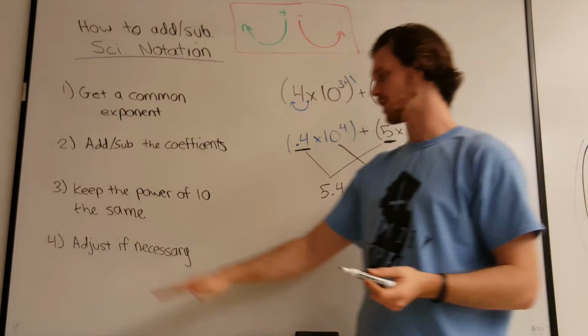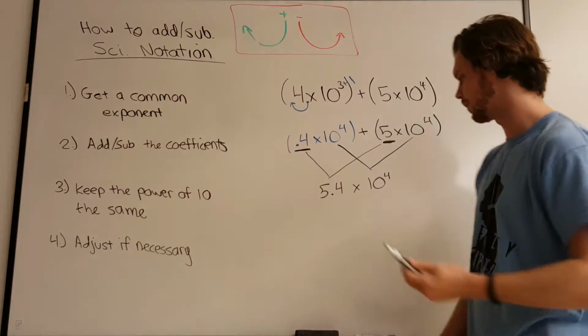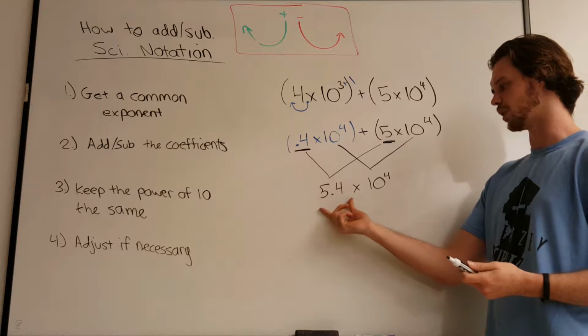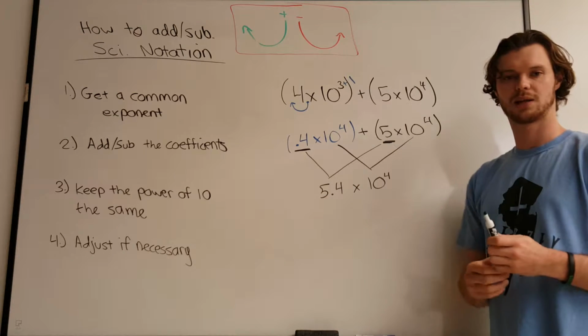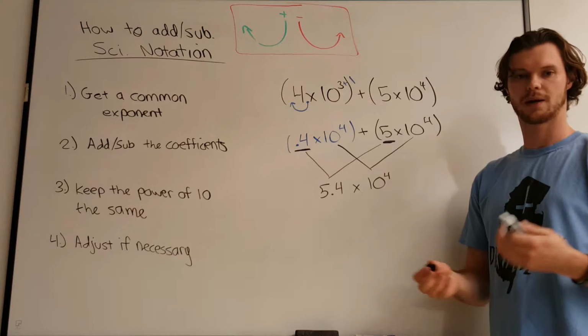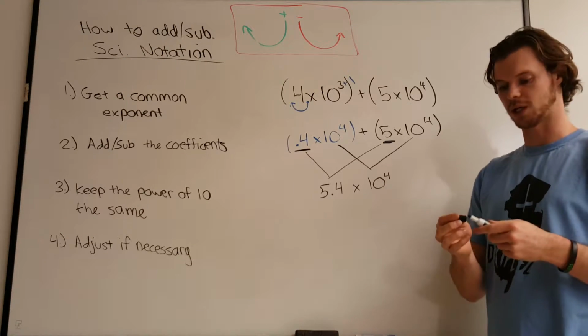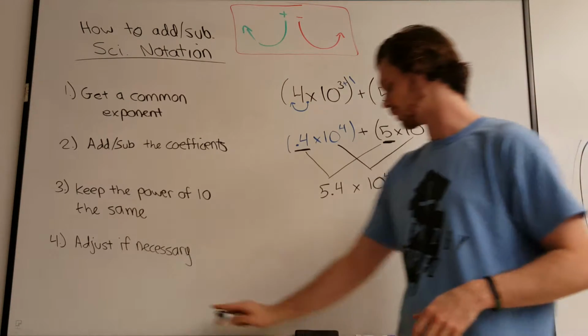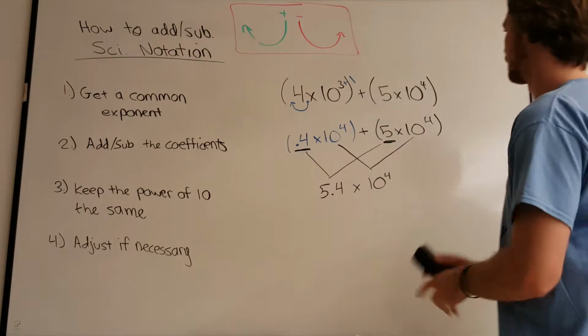And again, step 4, this time I don't need to do it because this is in between 1 and 10. Now, if it ended up being too big, I would have to adjust. So let me try to come up with an example really quick to do one like that.